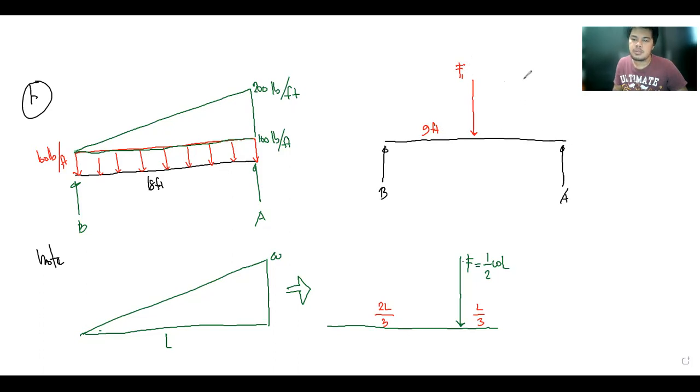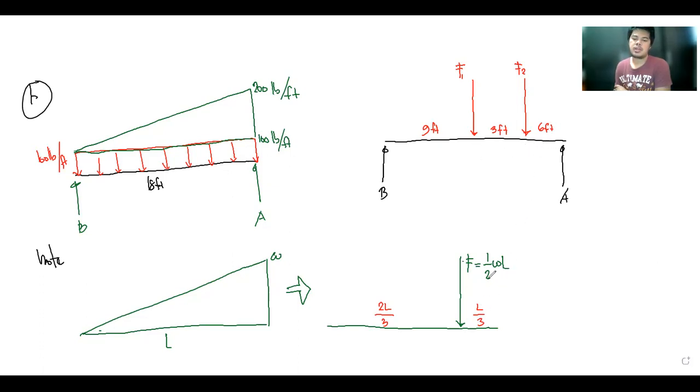For the triangular load distribution we have F2. As you can see, the distance here is total length divided by 3, so that would be 6 feet, and this would be 3 feet, with a total length of 18 feet.